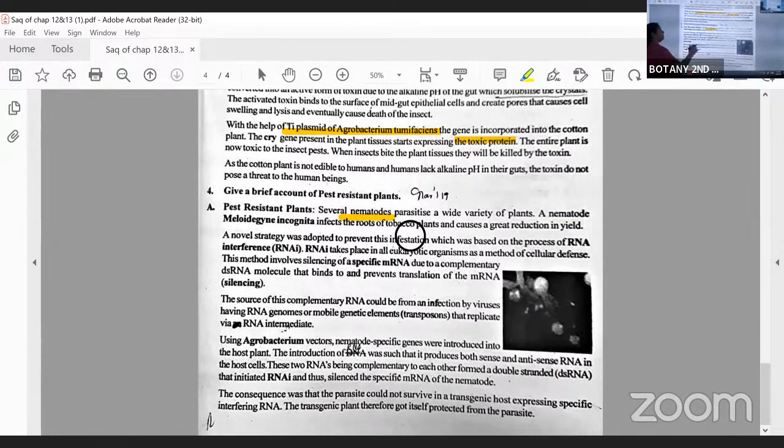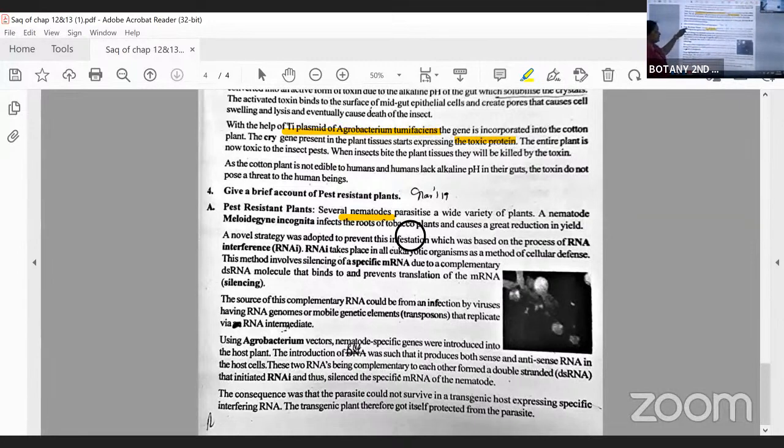We need to give protection to the tobacco plant; that is the pest resistant plant. The nematodes which infect the plant body, and the plants which need to be protected, are called pest resistant plants.